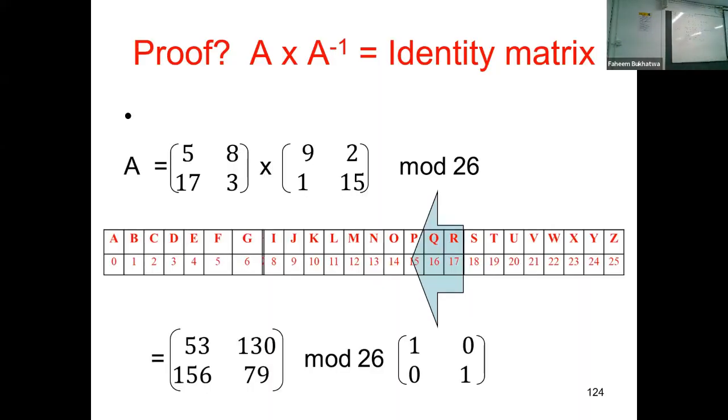Okay, so if you got 20, it's U, the character U, and what did we get here, the first one? 20 and 6, is it? 20 and 4, which is U and E, thank you. This one? 122.